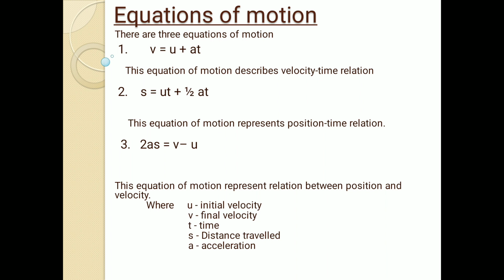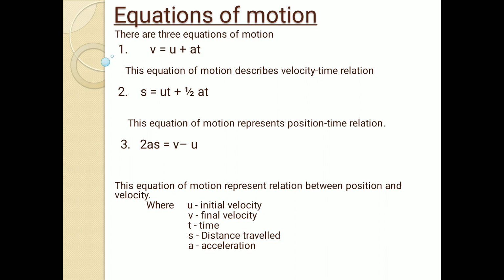Position is nothing but distance. s means distance covered or traveled by the object. So the second equation of motion gives the relation between the distance traveled by the object and the time taken to cover it. Understood? That is the second equation of motion.